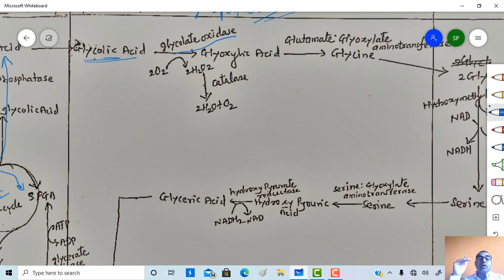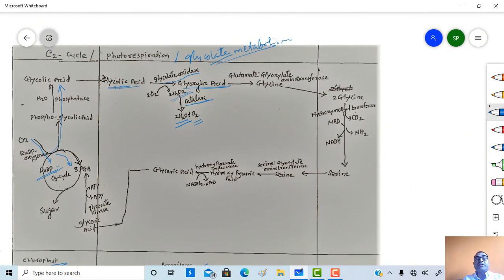During the oxidation of glycolic acid to glyoxylic acid, H2O2 is produced, and this H2O2 is toxic for the cell, and here the enzyme catalase plays an important role. Immediately this catalase enzyme decomposes the hydrogen peroxide into water and O2. Okay, so this glycolic acid produces glyoxylic acid.